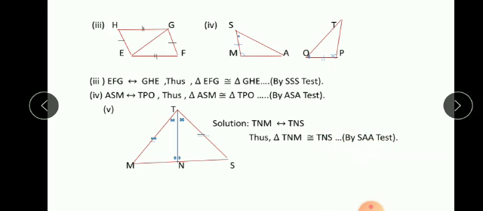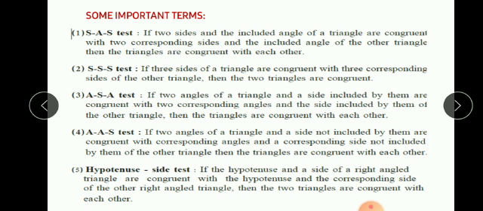So question 1 of practice set 13.1 is over, and children, now take out some important terms which are given on page number 86. Let us read out. You have to note down one below the other. There are some important terms and tests which are given.